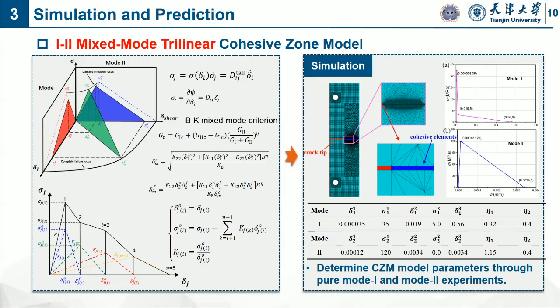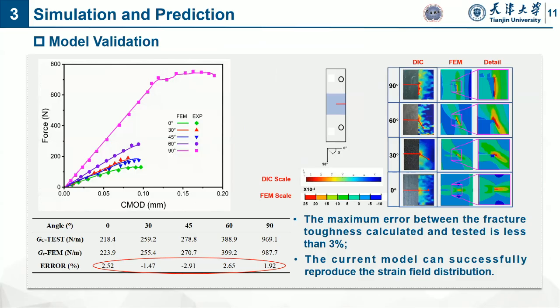And we use the Abaqus software. We combine the user subroutine, and we determine the material constants by mode 1 and mode 2, and get all the material constants. Then we simulate the force and CMOD curves for 0, 30, 45, 60, and 90 degrees.